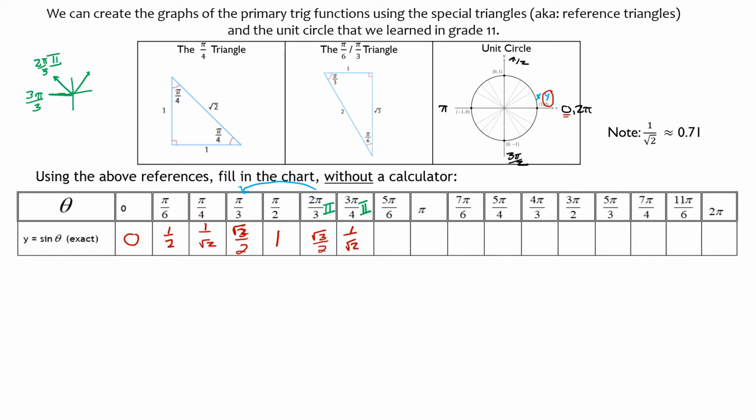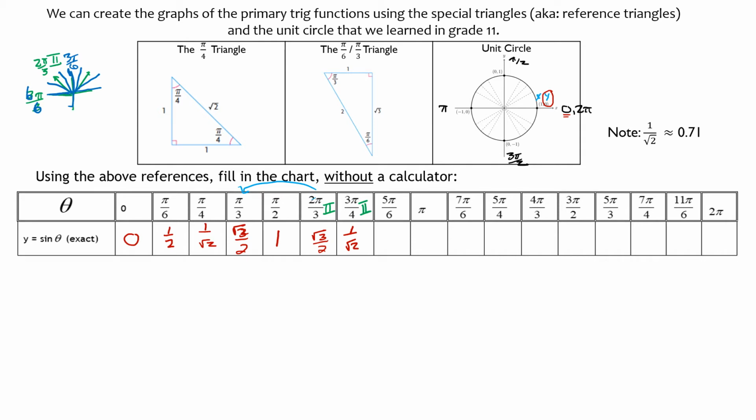Next one, 5 pi over 6. Going back up to my grid here, I'm just going to change this to blue. This is 6 pi over 6. Halfway would be 3 pi over 6, that would be our 90 degrees. We've got 1 pi over 6, 2 pi over 6, 3 pi over 6, 4 pi, 5 pi, 6 pi.